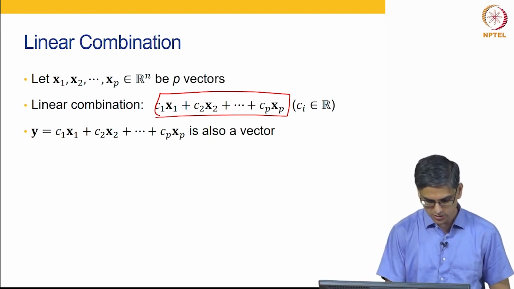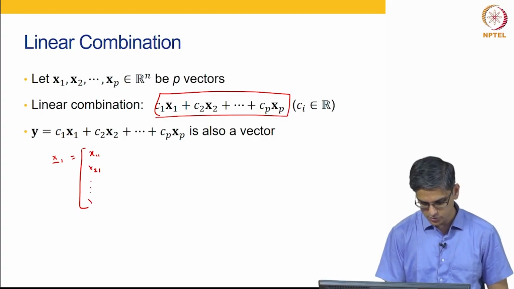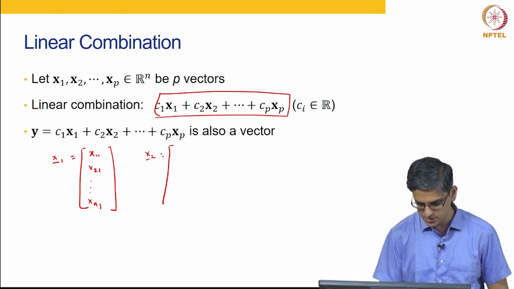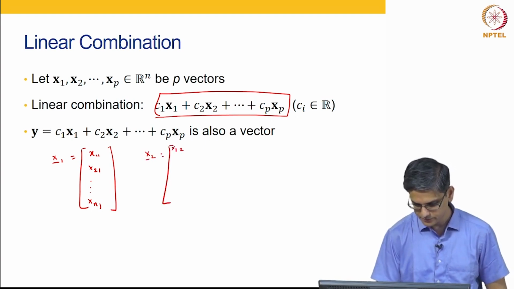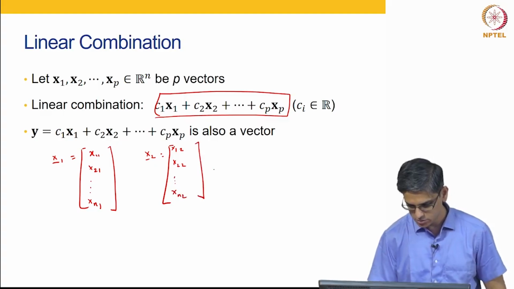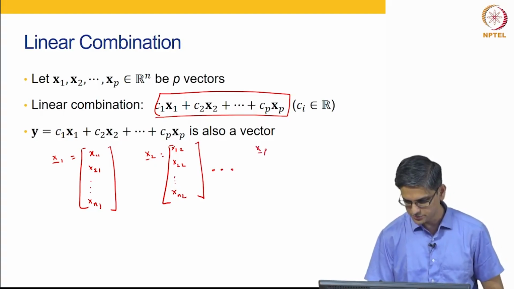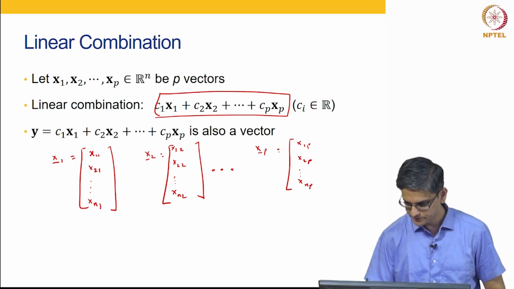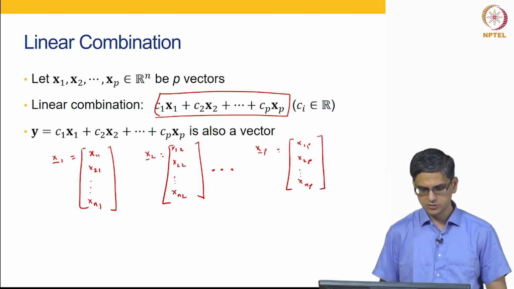Okay. So, let us say x1 bar is x11, x21 and so on up to xn1, x2 bar is x12, x22 and so on up to xn2, and so on up to xp bar is x1p, x2p and so on up to xnp, okay.